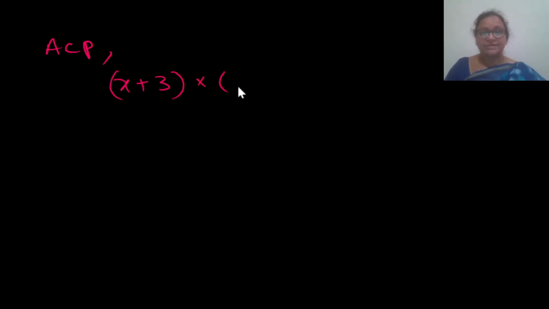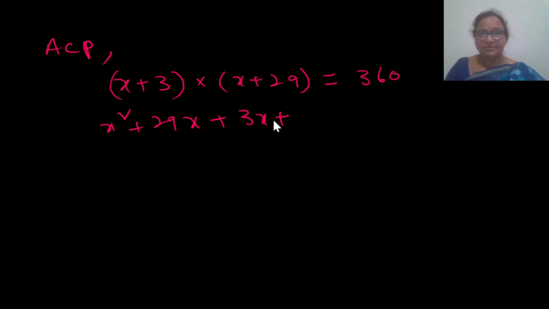So according to the problem, product of their ages after 3 years. So what is the age of Rohan after 3 years? x plus 3. Product means into age of Rohan's mother after 3 years. x plus 29 is equal to 360. So x square plus 29x plus 3x plus 29 into 3, 87 is equal to 360.